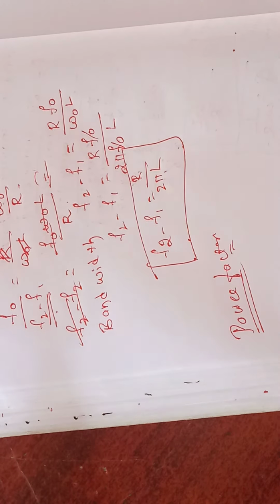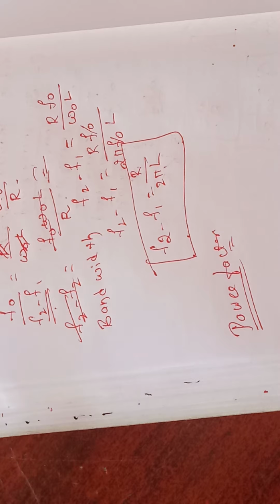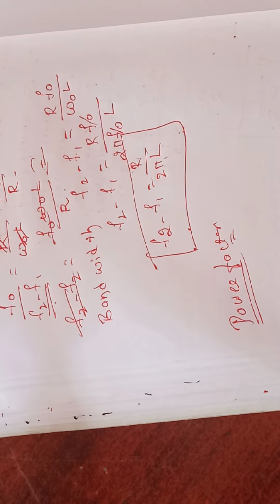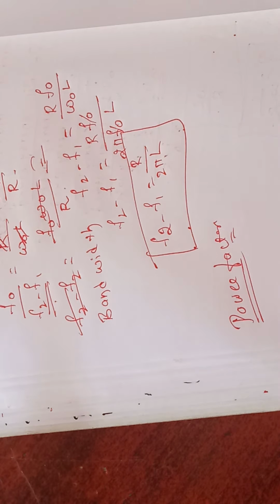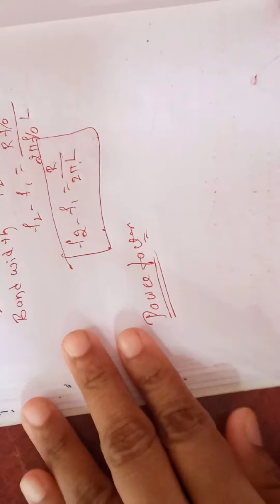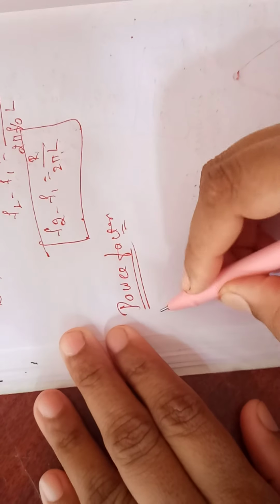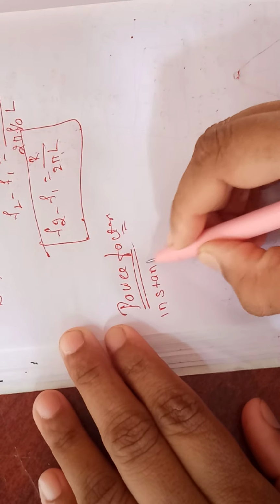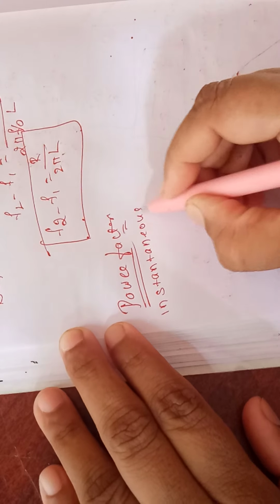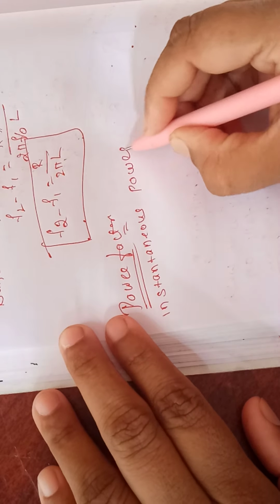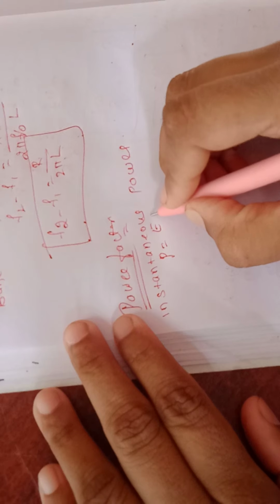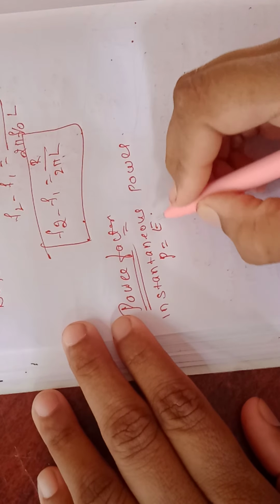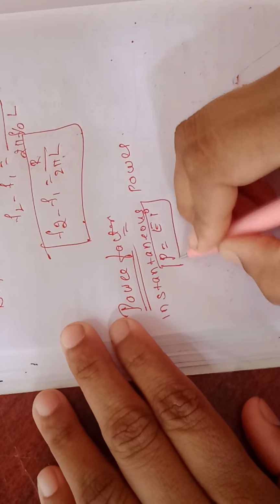Before defining power factor, let us define the small definitions through which we will define the power factor. In that, the first definition is instantaneous power. It is the product of voltage and current.